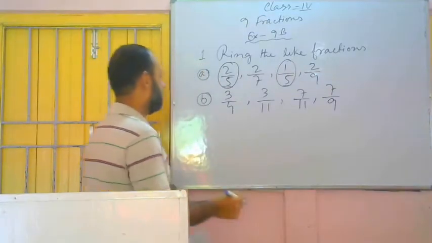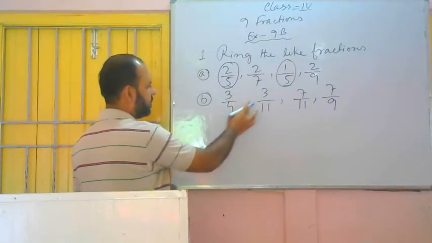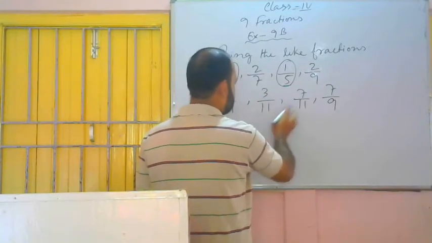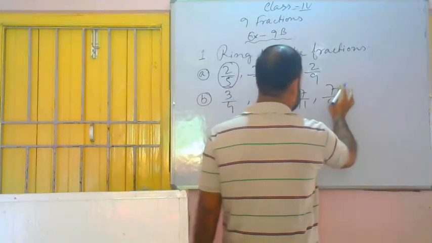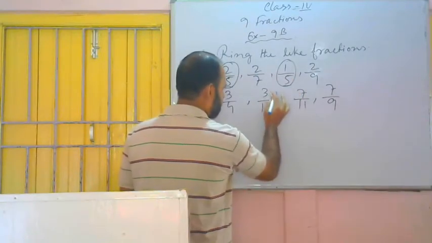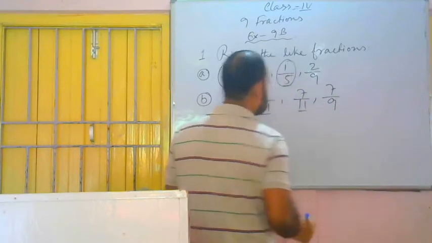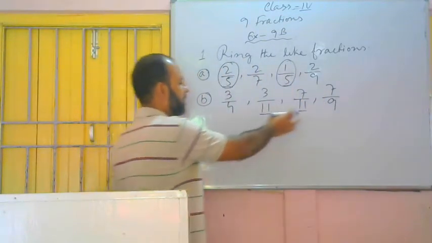Here also we get 3 by 4, 3 by 11, 7 by 11, 7 by 9. So here 3 by 11, the denominator is 11, and 7 by 11, here also the denominator is 11.